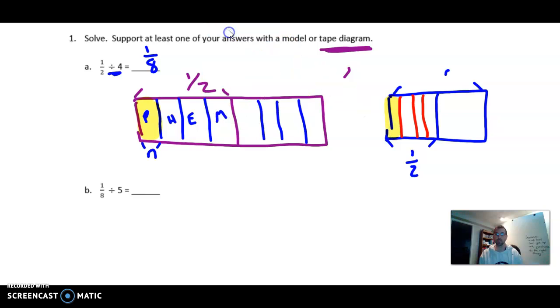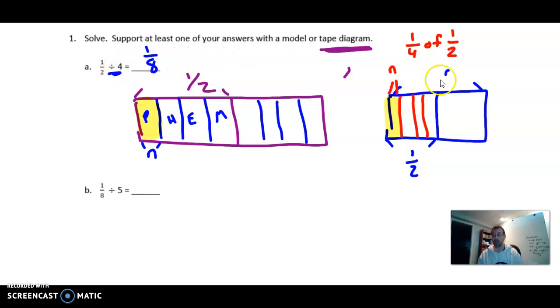Notice the vocabulary that I've used. I want just this piece right here. And now listen as I repeat that phrasing. I want 1/4 of the 1/2. Because that's ultimately what this is asking. 1/2 divided by 4 is another way of thinking.